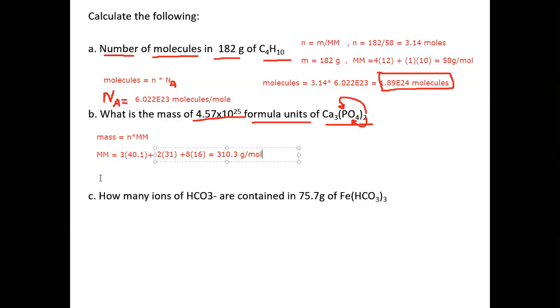Now we know the molar mass, we need to find the moles, so moles is our question mark. Since we have formula units, moles equals formula units divided by N_A, Avogadro's number.